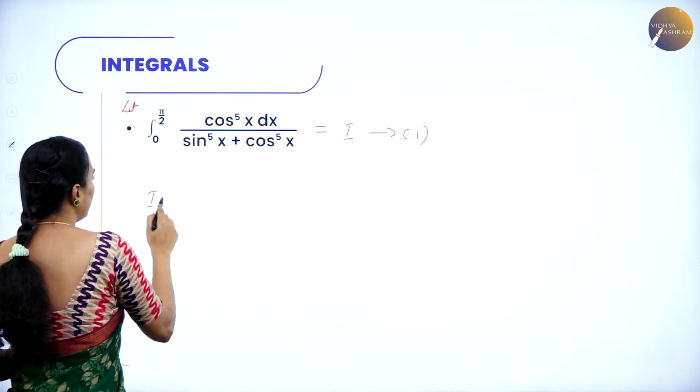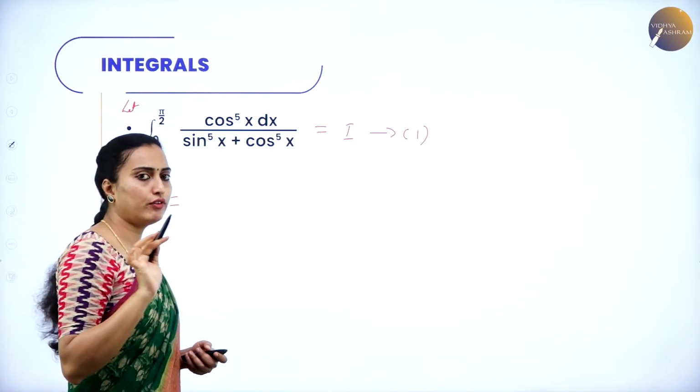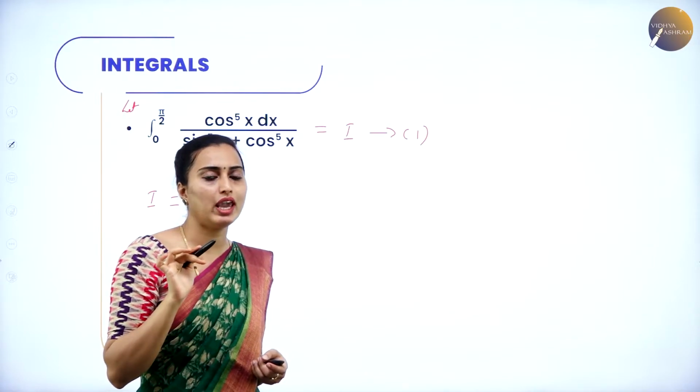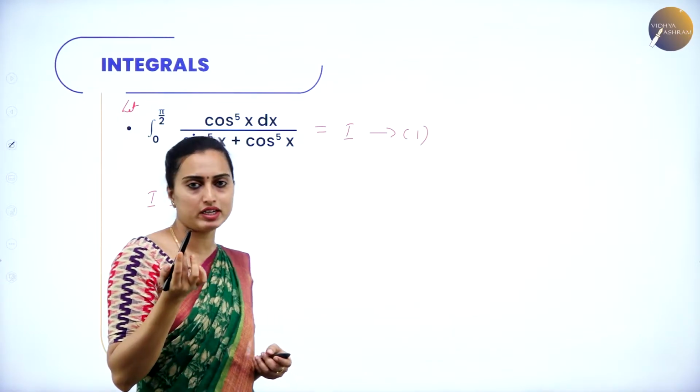Now according to the property of the integral, we can change the integral from 0 to a of f of x dx to the integral from 0 to a of f of a minus x dx.